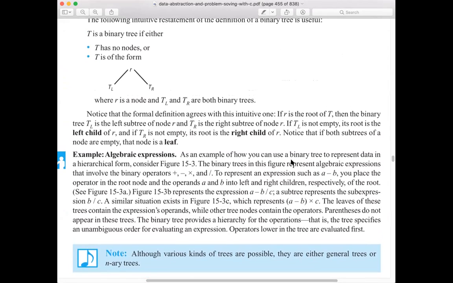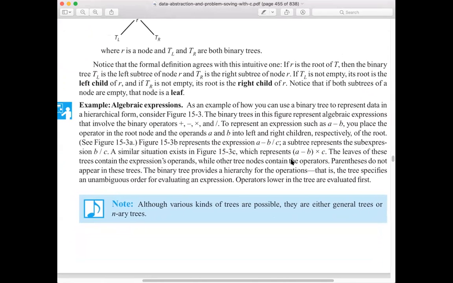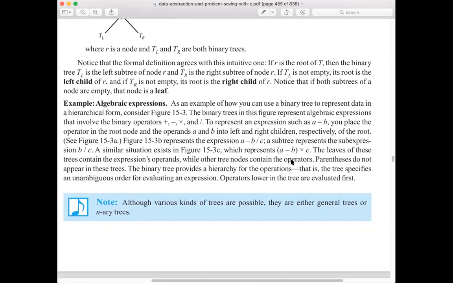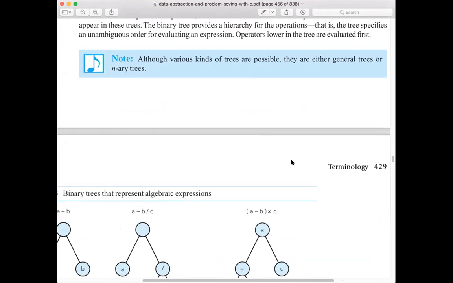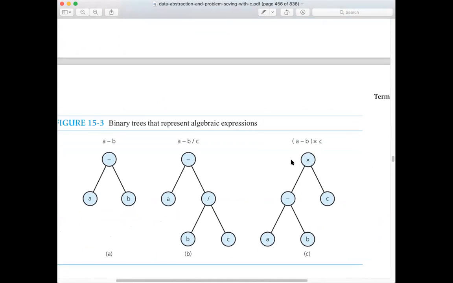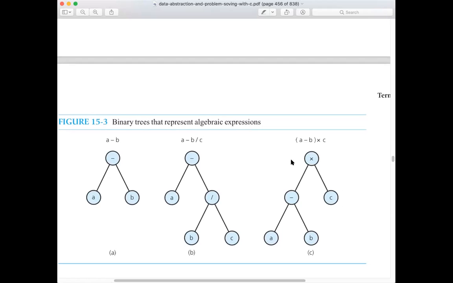Okay. One big example of how trees are used is algebraic expressions. So here are some pictures of some binary trees that represent algebraic expressions.